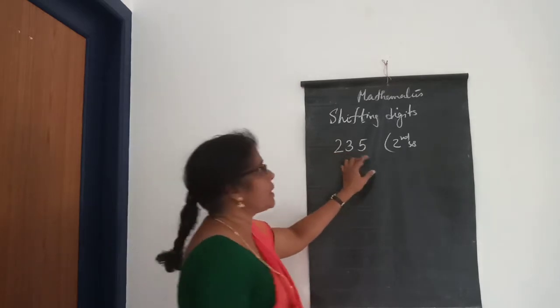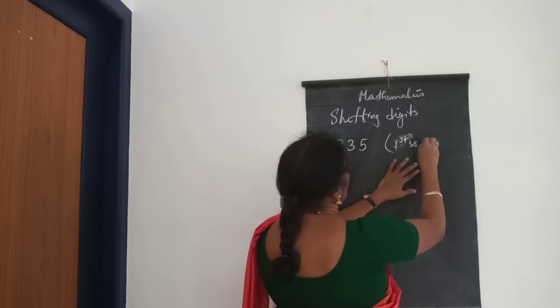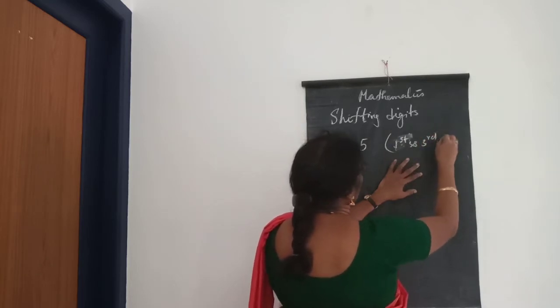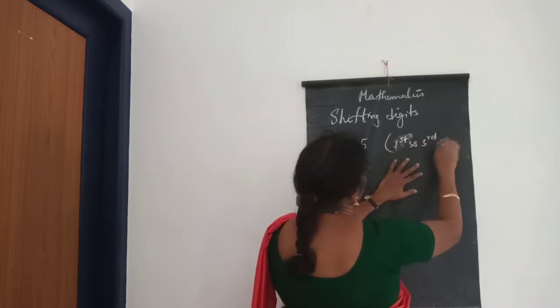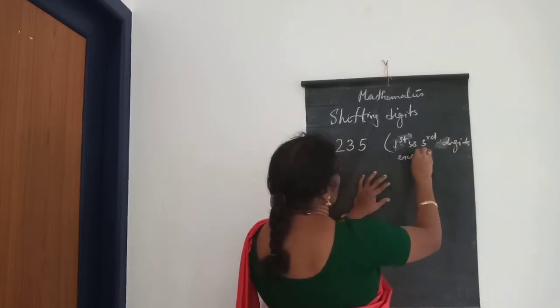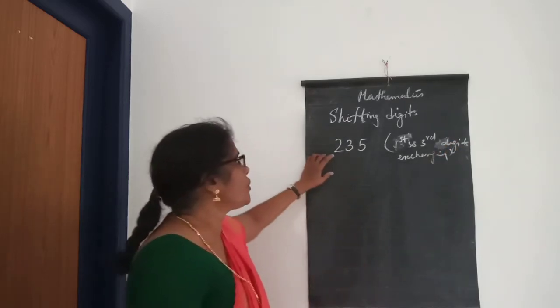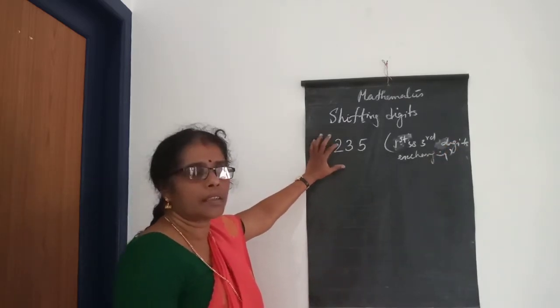First and third place, third digits exchange. Look here, children. In 235, this is a 3-digit number.